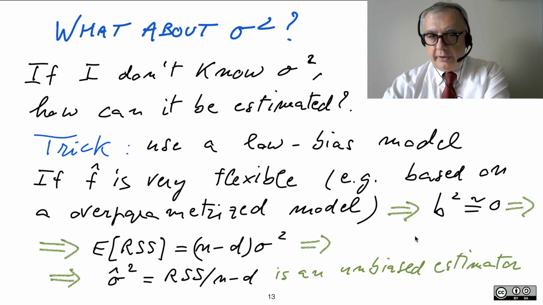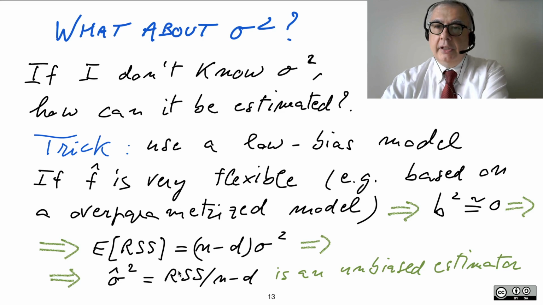And therefore, from this expression, I can estimate sigma squared. I get an unbiased estimate of sigma squared as RSS over n minus d. And of course, I must use RSS because I don't know the expected value of RSS. I can just compute RSS on my training data when I'm fitting the model. And so I have found my sigma squared.